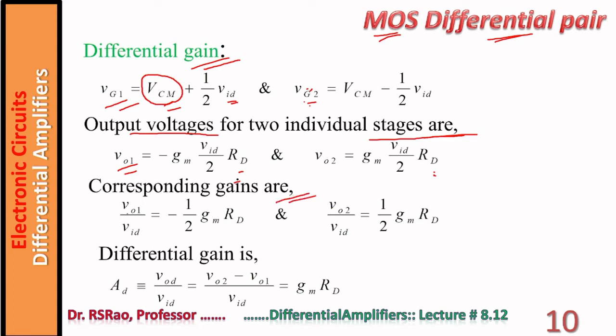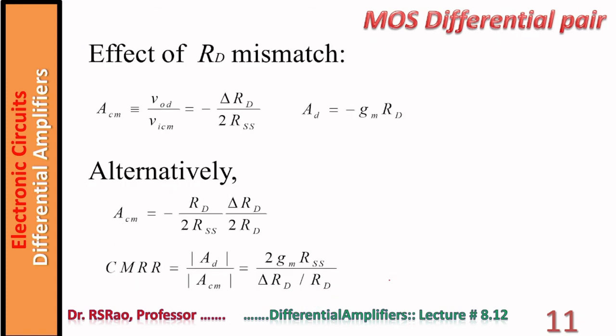Corresponding gains are minus half gm RD. In the second case, it is half gm RD. So differential gain is V02 minus V01 by Vid. This is the output, this is the input. Net result is differential gain is gm RD.